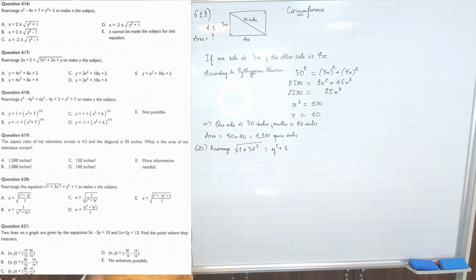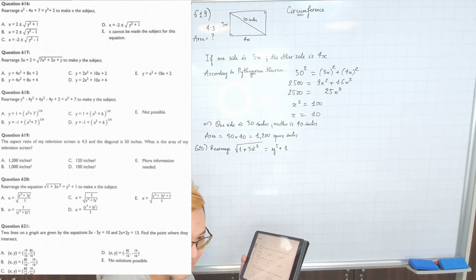So once again, look at all the answers: A, B, C, D, E. You all have y to the power of 10, right? Tất cả mọi đáp án đều có y mũ 10 cả.